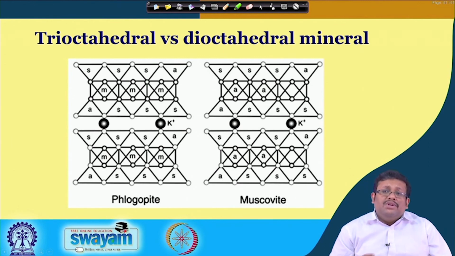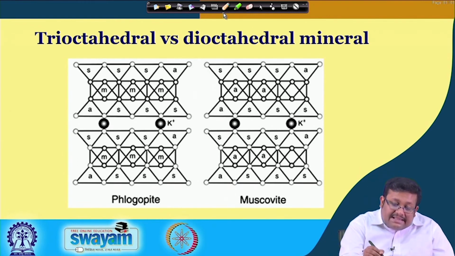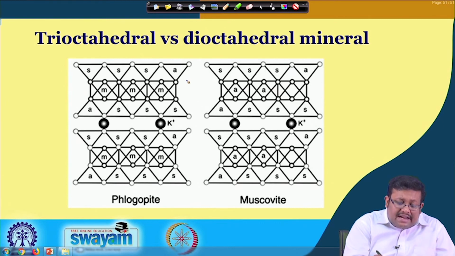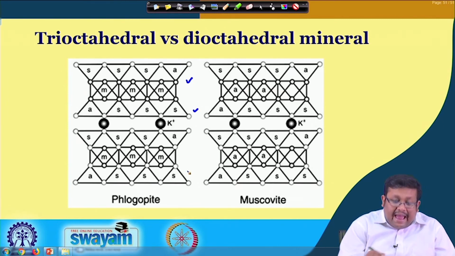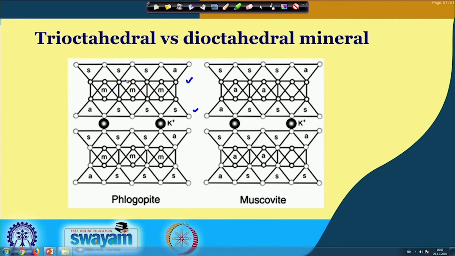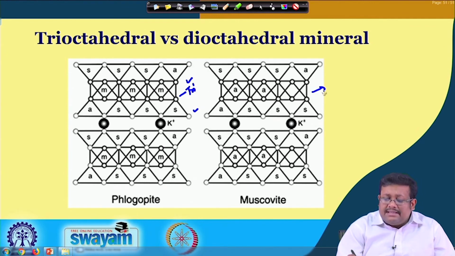Another question comes: why are we calling it trioctahedral, and what is dioctahedral? As a result of the tetrahedral and octahedral arrangement, in this case it is dioctahedral, and in this case it is trioctahedral, and this is called dioctahedral.